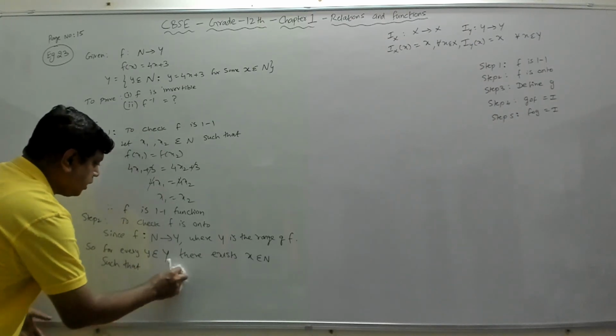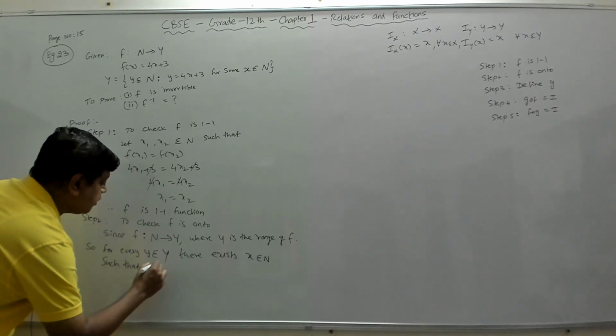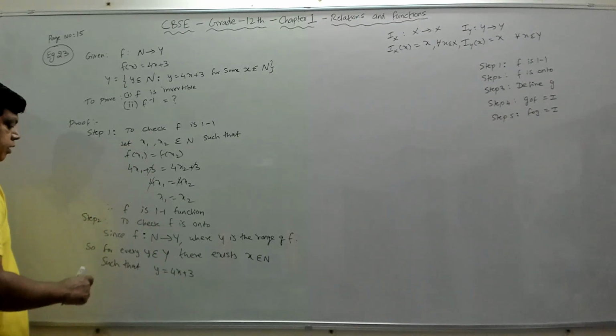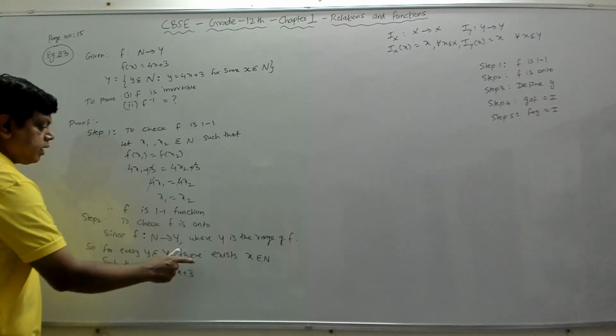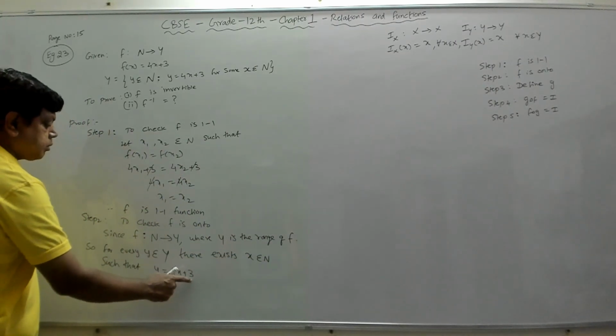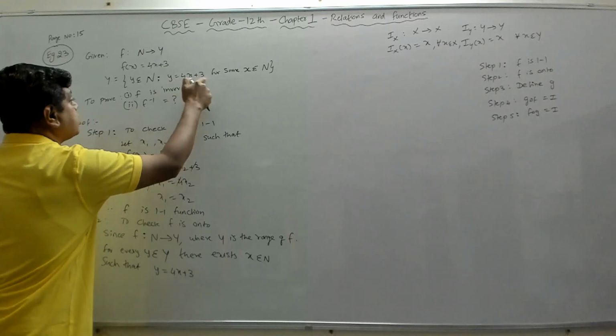Or I will say such that y is equal to 4x plus 3. Right? For every y belonging to Y, there exists x belonging to n such that y is equal to 4x plus 3, because every y is in this form.